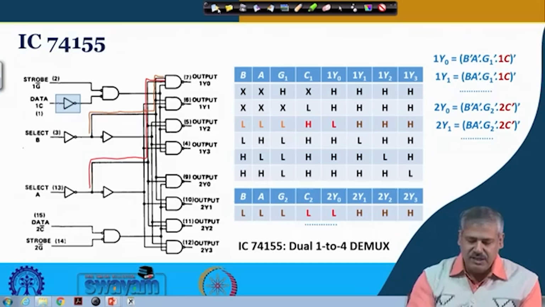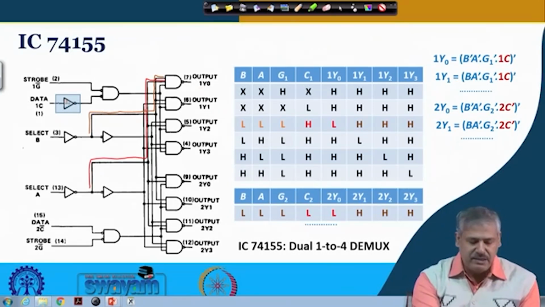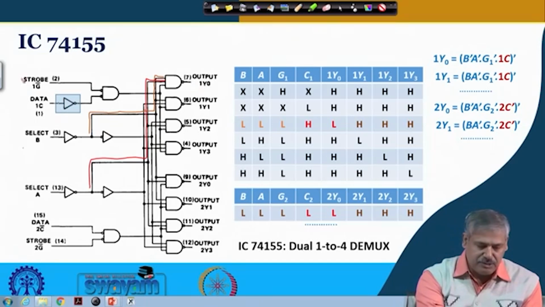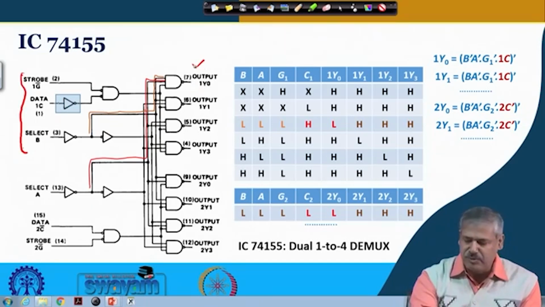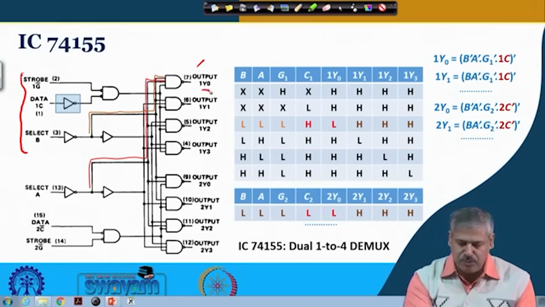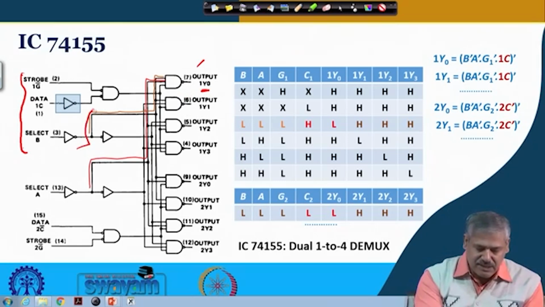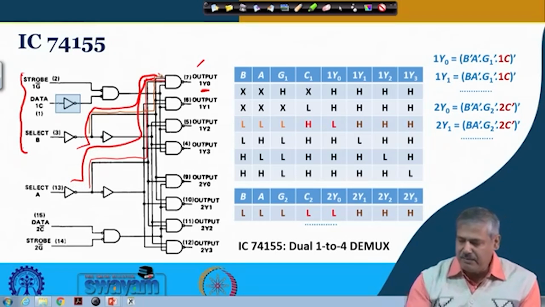Because of this, the output can be written if you combine the logic circuit, these inputs and the corresponding output. So, we can write 1Y0, the output over here, as B prime A prime. You can see this connection going over here, this is B prime and this is A prime.